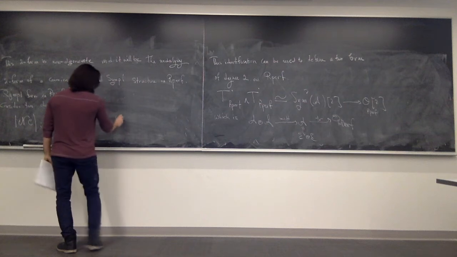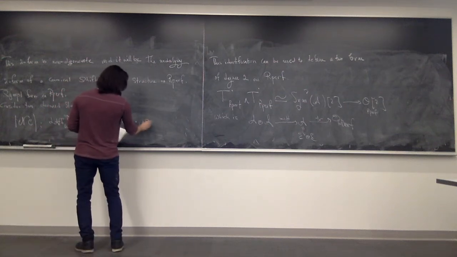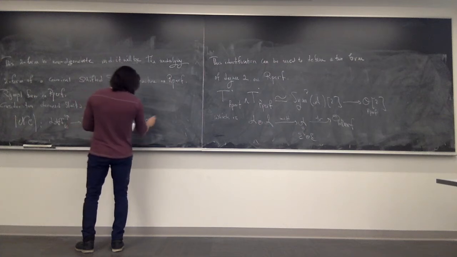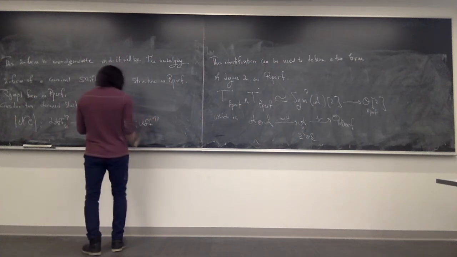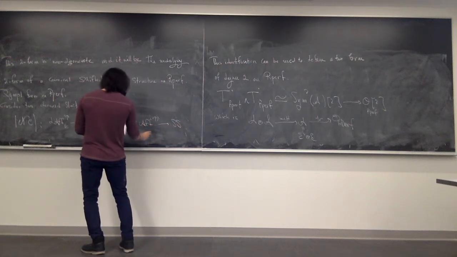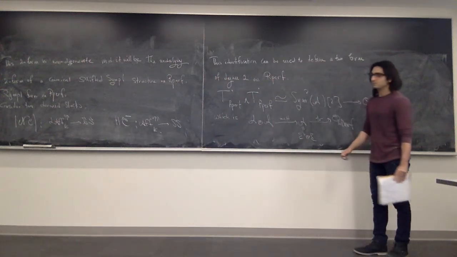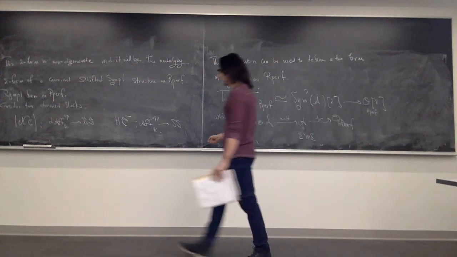The other one is HC, which also takes you from the opposite category of affine things to simplicial sets, and I need to define for you what these things are.